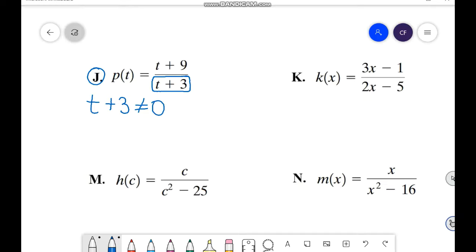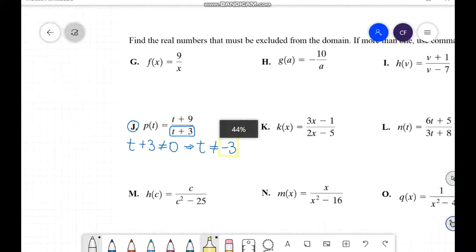To have t plus 3 different from 0, you need to have t different from -3. Right? And this is going to be the answer. -3 is the number that we need to exclude from the domain, because we don't want the denominator to be equal to 0.